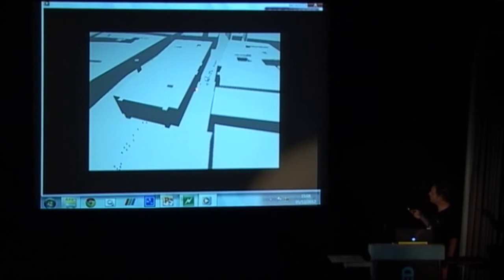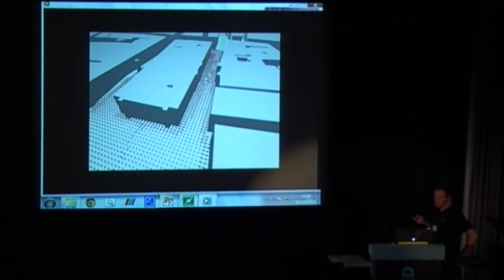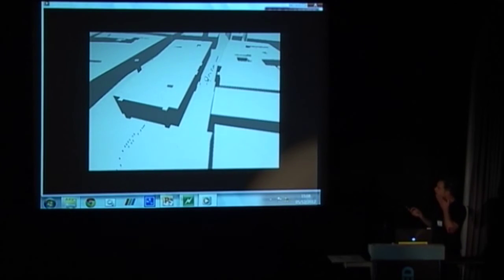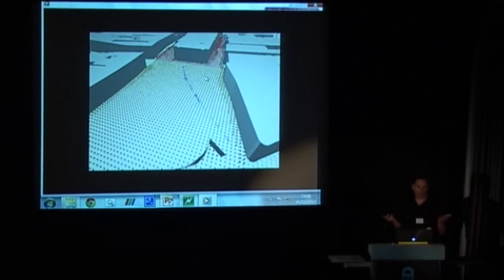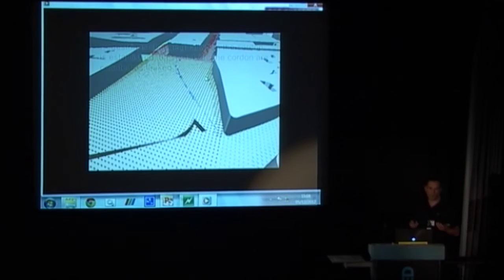They're going to hold up the flow. So what we imagine is that this sort of technology could be used not only for pre-planning, but actually during an incident.